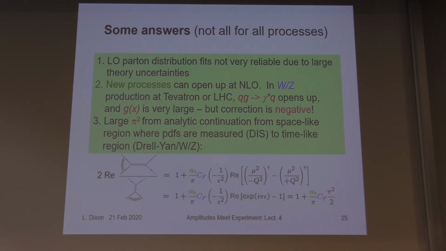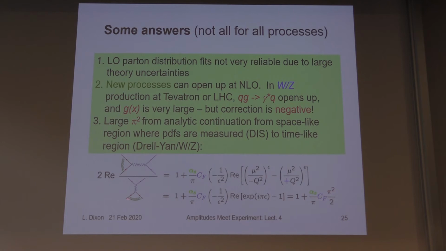There's another kind of reason for large corrections, some of which has sometimes been tried to resum. And that correction is that there's one effect that happens when you go from the space-like region. So this would be a one-loop correction to deep inelastic scattering.